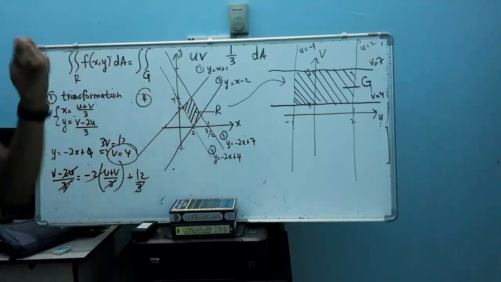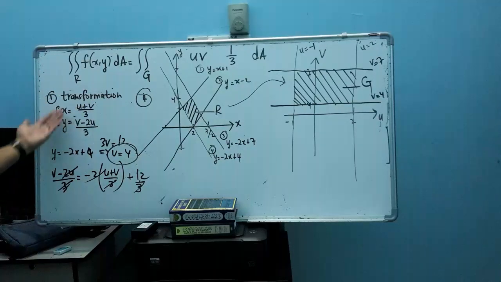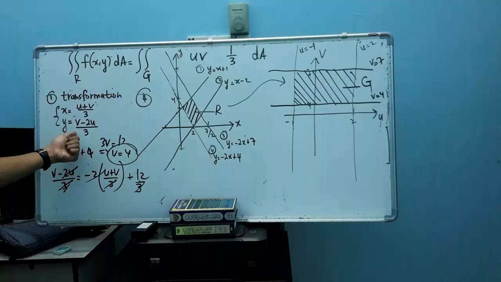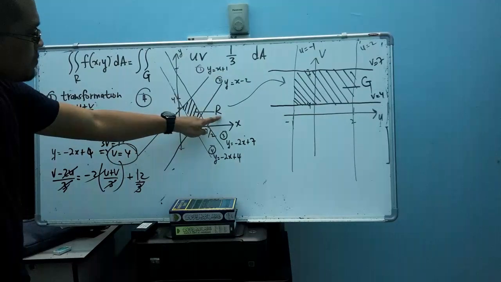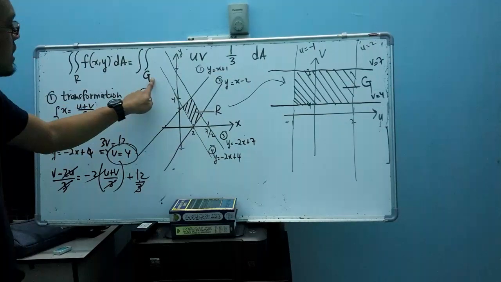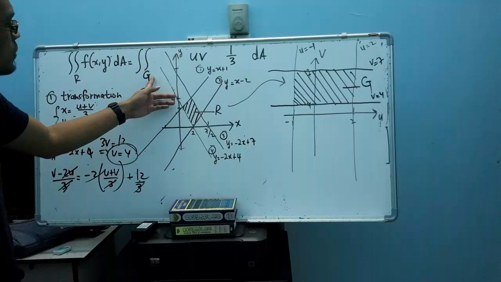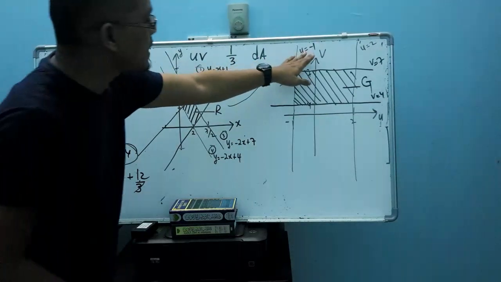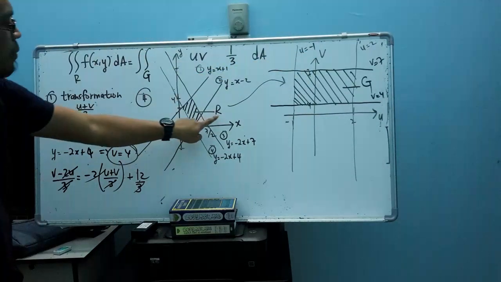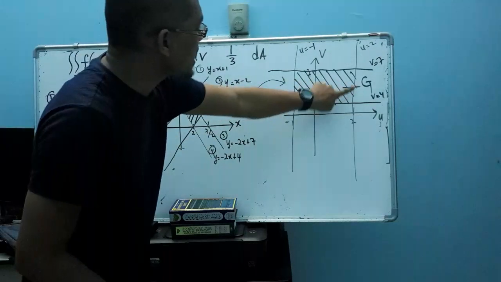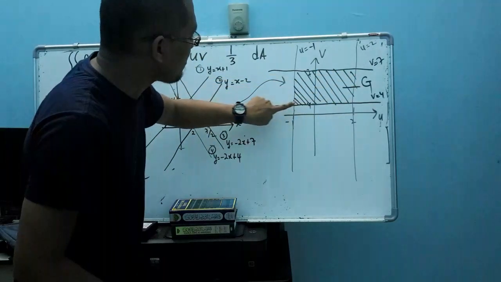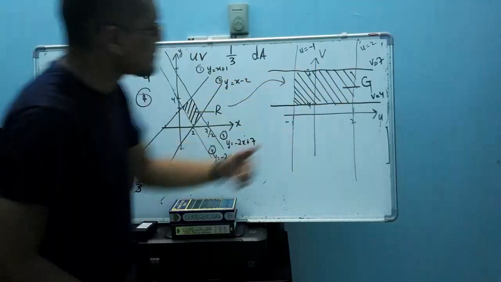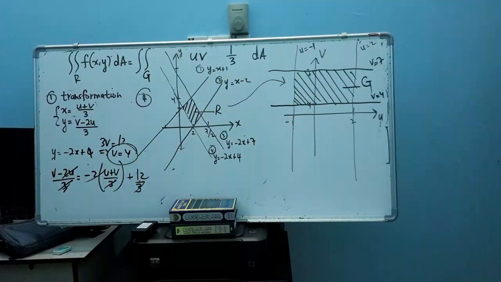But under this transformation, we transform our R into G, another new region of integration in the UV plane, and our G is only a rectangle, a simple region of integration.